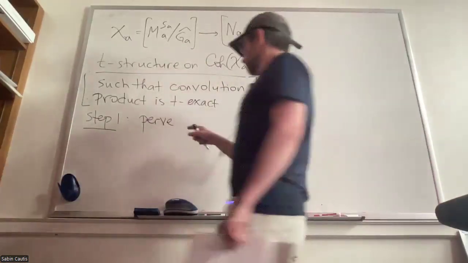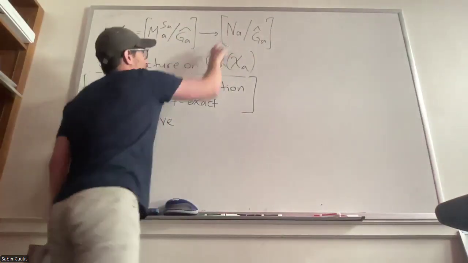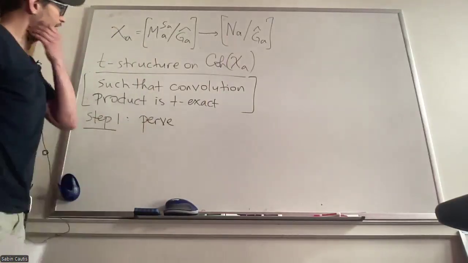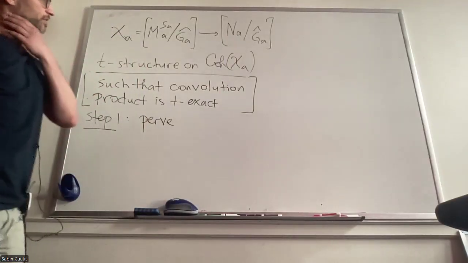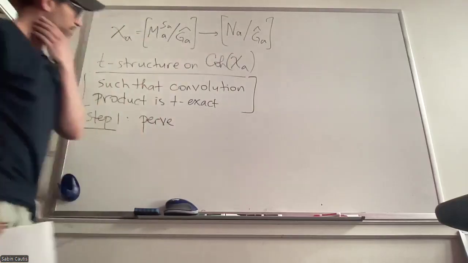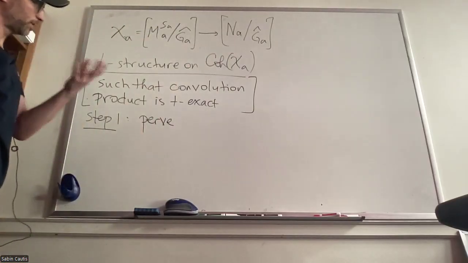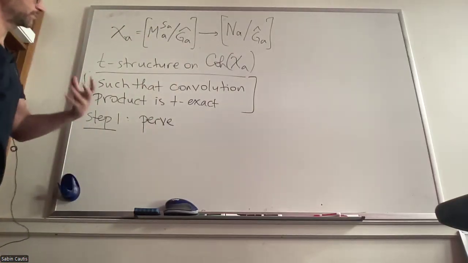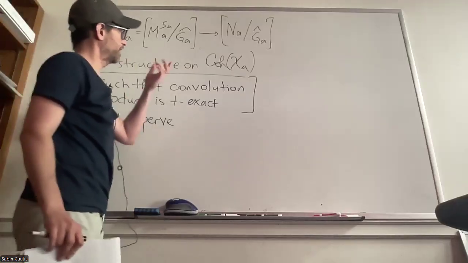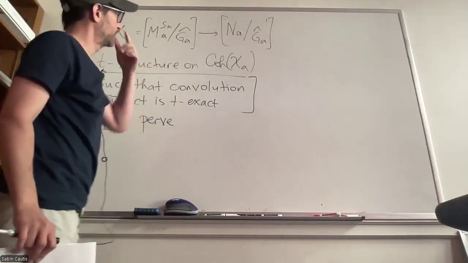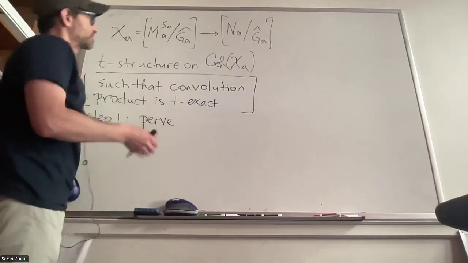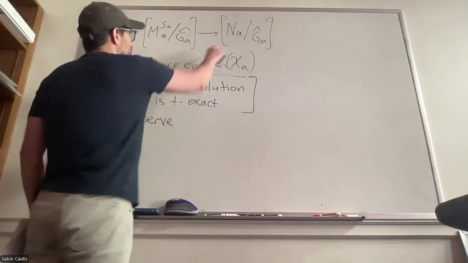So we begin with the T structure on NA. Of course you have the standard T structure on coherent sheaves on NA, but we don't want that. We want something that's T exact. Another natural structure is the structure of perverse coherent sheaves on here.